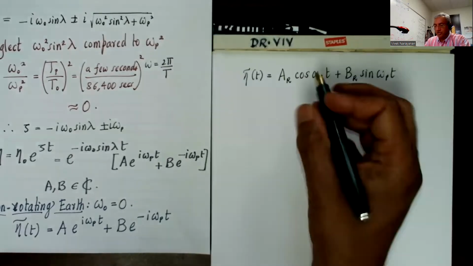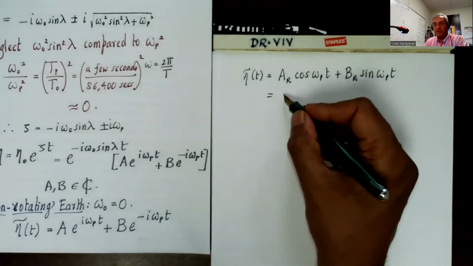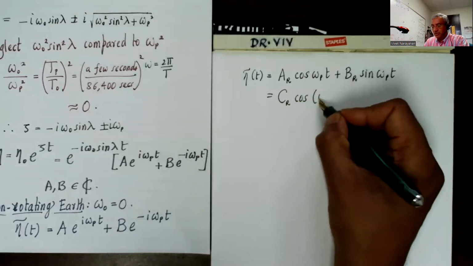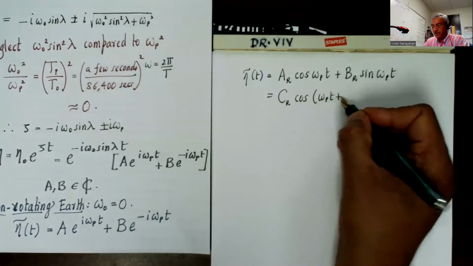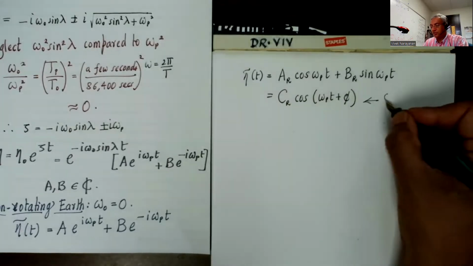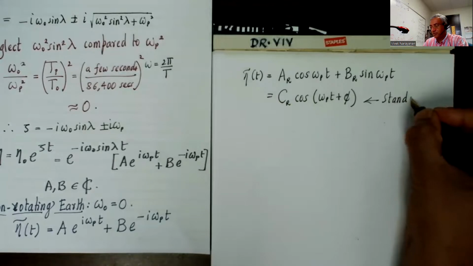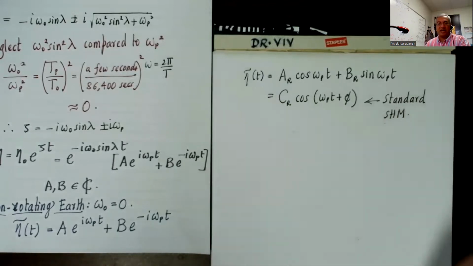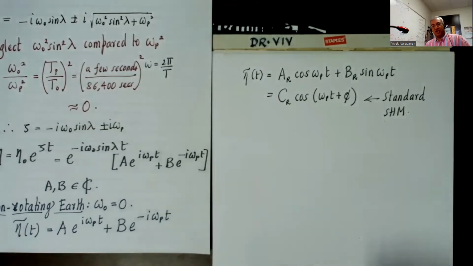Or if you want, you can also write this as some overall amplitude c real cosine of omega p t plus some phase factor, which I'll call phi. So this is your standard simple harmonic oscillator. And you expect that because the simple pendulum is a simple harmonic oscillator.